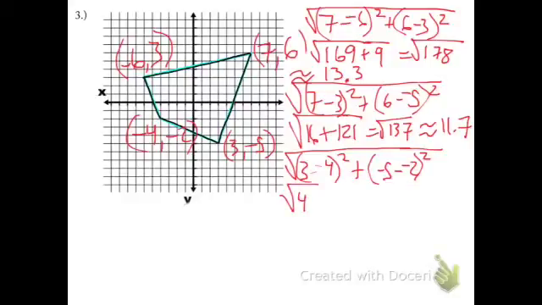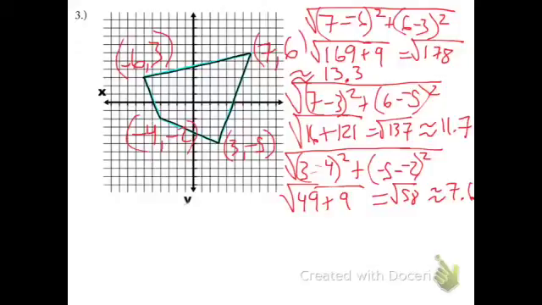You need to add in negative 5 minus negative 2, which is negative 3. Square that, you get 9. 49 plus 9 is 58. And the square root of 58 is approximately 7.6.